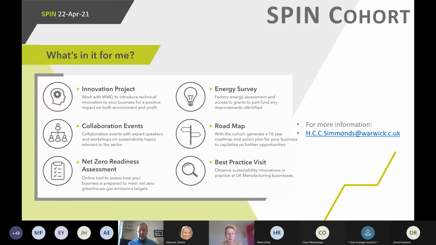Alongside those projects, we're looking for knowledge transfer through some collaboration workshops. These are 2-hour sessions where we invite an expert speaker to talk about a topic, and then we break out and workshop what that means for each business, what they might take on. It might not be about creating an action plan at that point, because, for example, the first one we did was on circular economy.